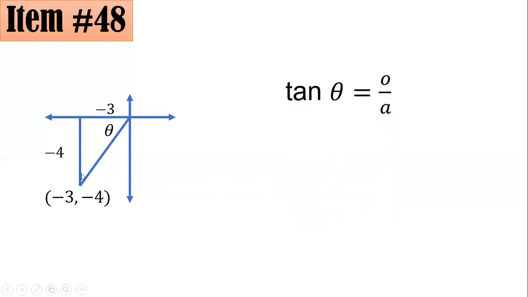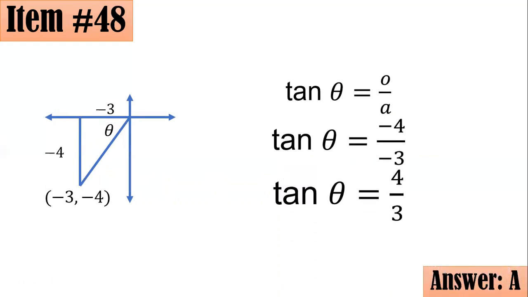And we know that tangent theta is opposite over adjacent. And by the way, always note that if you draw your triangle, your theta is always with respect to the x-axis. So your opposite here is -4, and your adjacent here is -3, and that's 4/3. Letter A. I hope you got it.